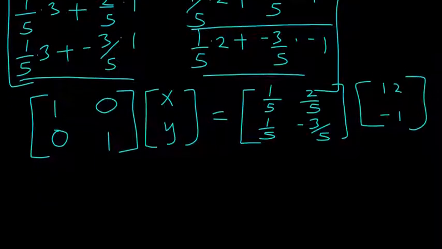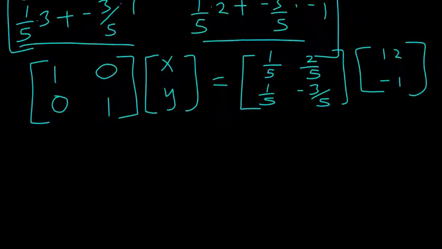There's something that I want us to learn here. When we multiply a matrix by its inverse, we get an identity matrix, and an identity matrix simply means 1.